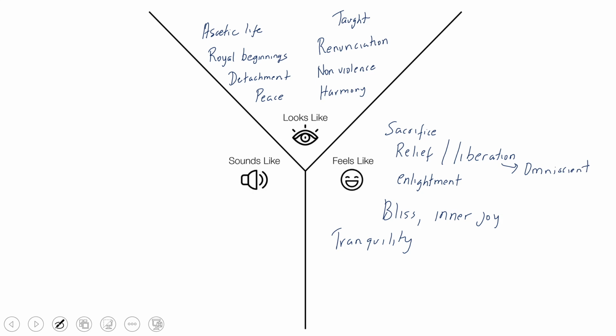Now, when we look at non-violence or peace, what feeling does it give us? Kind of an ethical living, right? Okay, so good. So we have seen the feeling part of it.